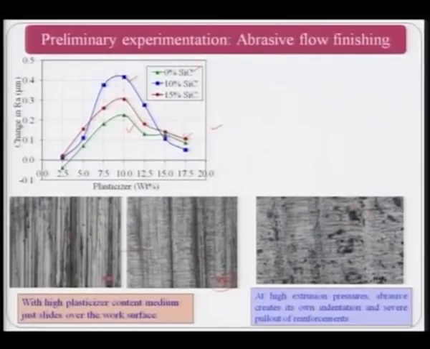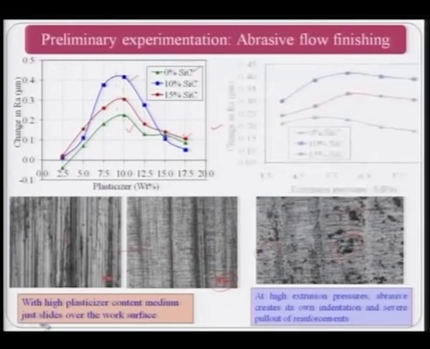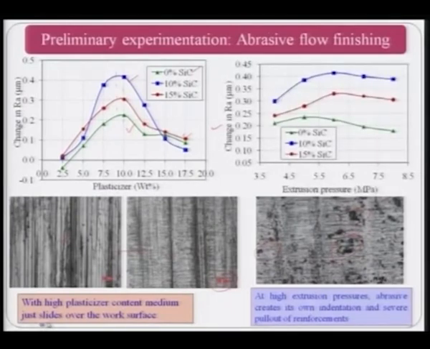Similar kinds of things can be seen here, which I have shown to you in a better way in the earlier slides. Now, here you can see that not much difference is there as far as the effect of extrusion pressure on the Ra value is concerned. Some effect is there.